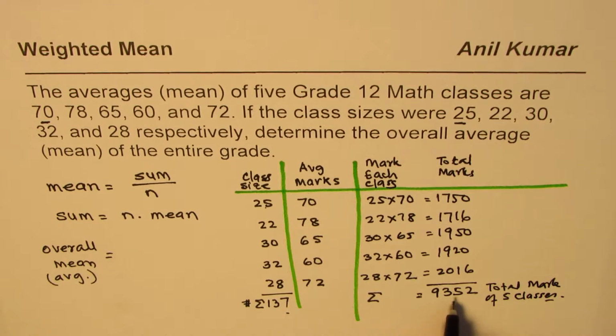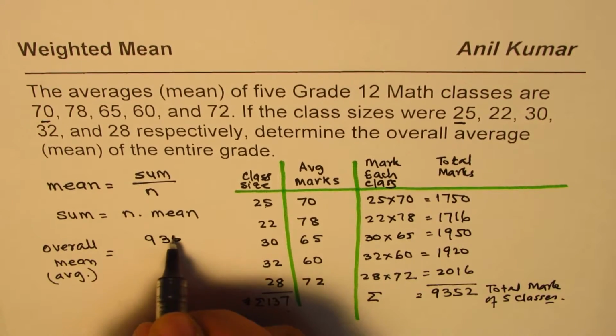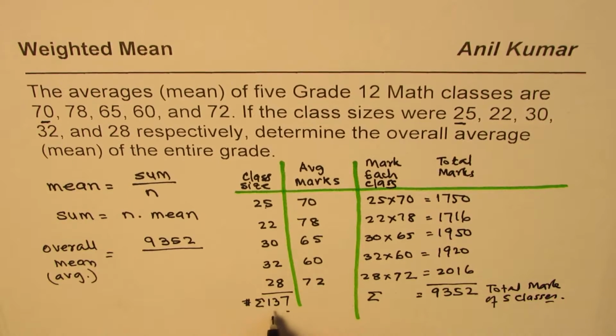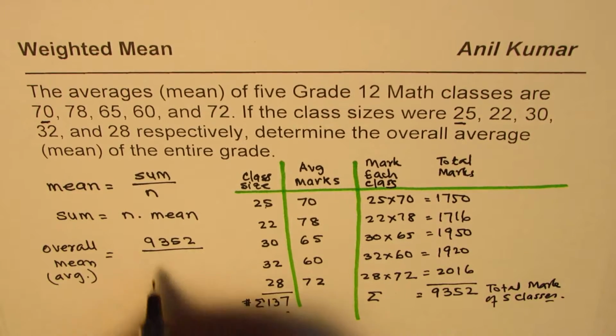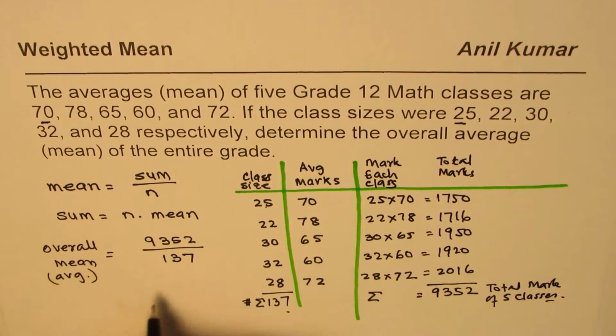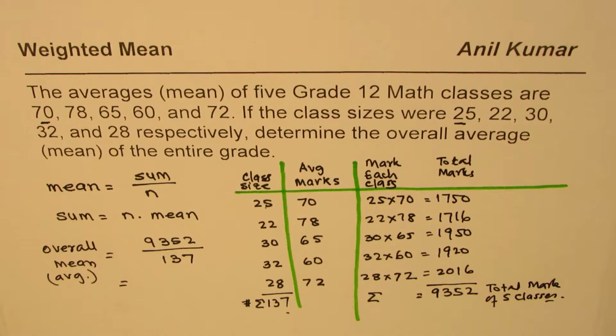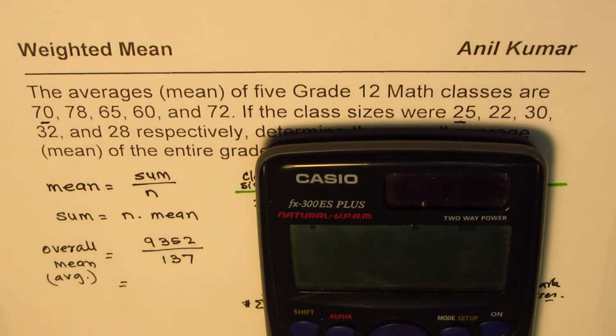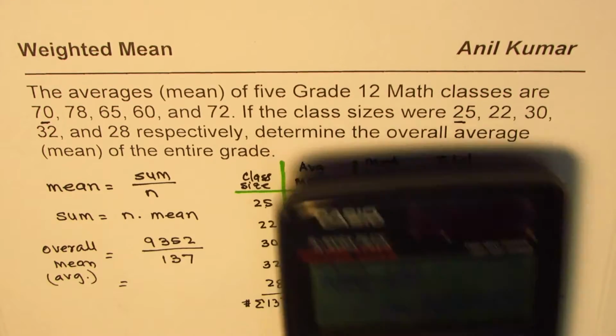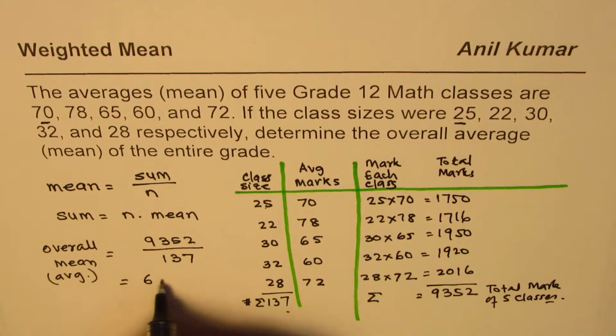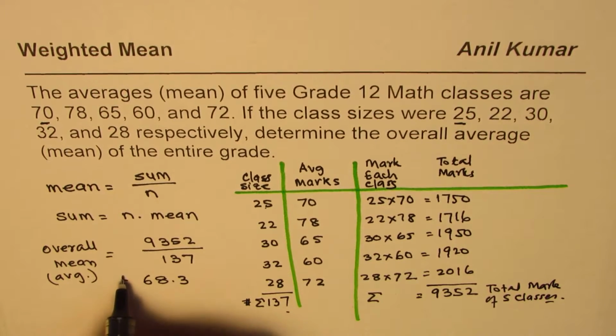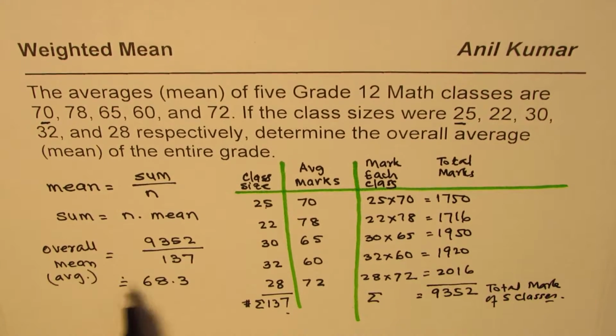Total marks is 9352, and the number of students in our case is 137, right? So the overall mean will be the ratio of total marks to total students, and that is 9352 divided by 137. That gives us, in decimals, 68.26. So we can say 68 point, let's say 3 approximately. So we get an overall average of 68.3. So that is the answer.